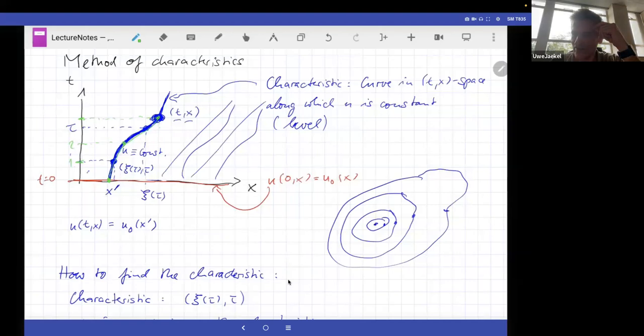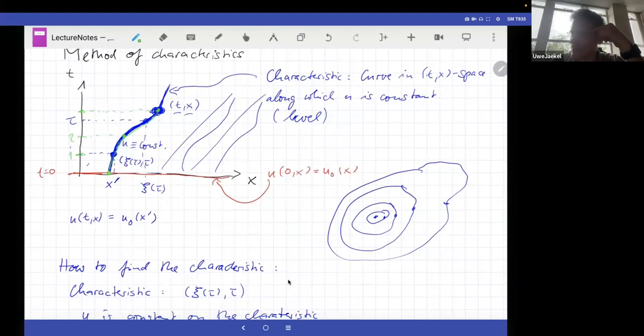Think of sitting in a car at your point (t, x), driving along the characteristics until you reach time t. Then you stop and see what your x position is.